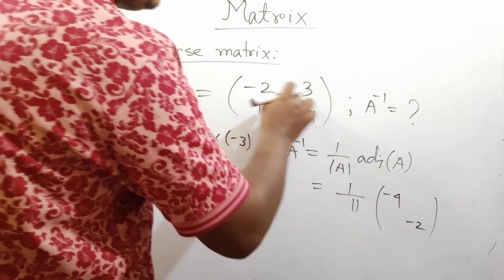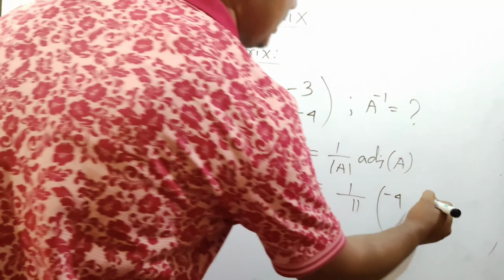So here it is minus, it should be plus 3, here it is plus, it should be minus 1. Then you multiply this with the constant, and you will get negative 4 over 11, negative 1 over 11, positive 3 over 11, and negative 2 over 11. In that way you can easily find the inverse of any 2 by 2 matrix.